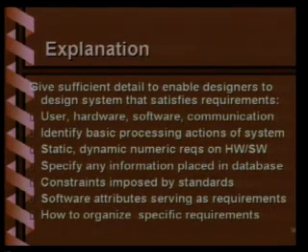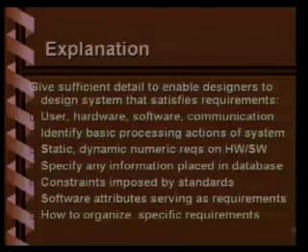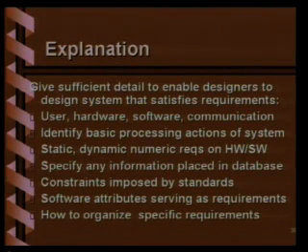We need to specify static, dynamic, numeric requirements of hardware and software. Okay, the changing requirements, anything which is going to change. Specify any information placed in a database, if it is to be done at all, and constraints imposed by the standards.